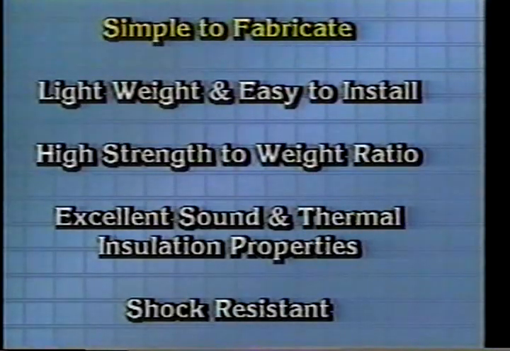Structural wood has many advantages. First, it's simple to fabricate. It's lightweight and easy to install. It has a high strength-to-weight ratio. It does have excellent sound and thermal insulation properties. It has good shock resistance. For example, the AASHTO bridge specifications don't require impact loading for timber members used in bridges.